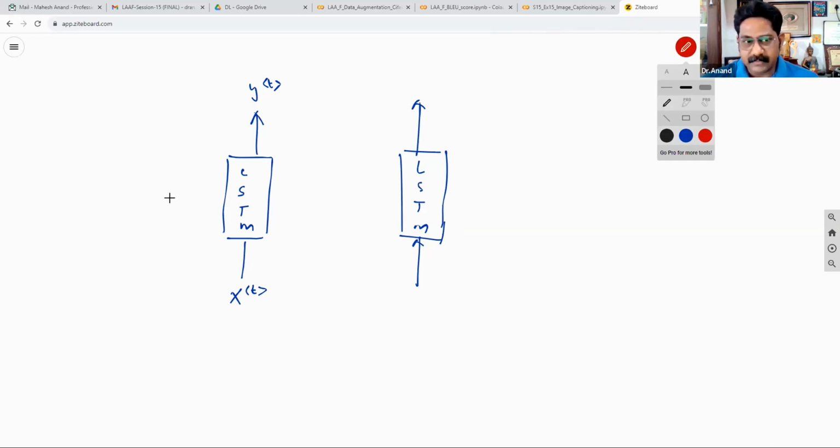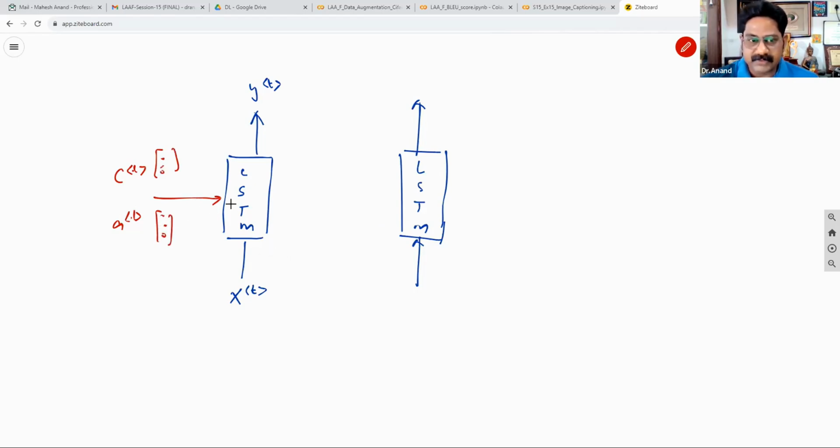For this LSTM, the initial state, like your C of t and A of t, will start with a random initialization of 0. That is the way any standalone LSTM will start learning.